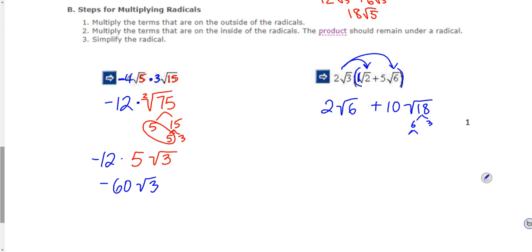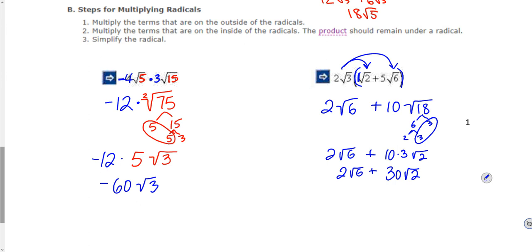And this right here is going to be 2 times 3. So we can take out this 3, and there's already a 10 in front, so it becomes 10 times 3. We have a radical 2. So 10 times 3 is 30, the radical 2 on it, and then 2 radical 6.